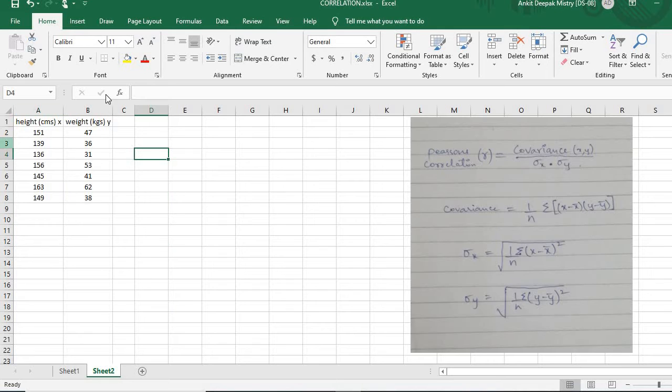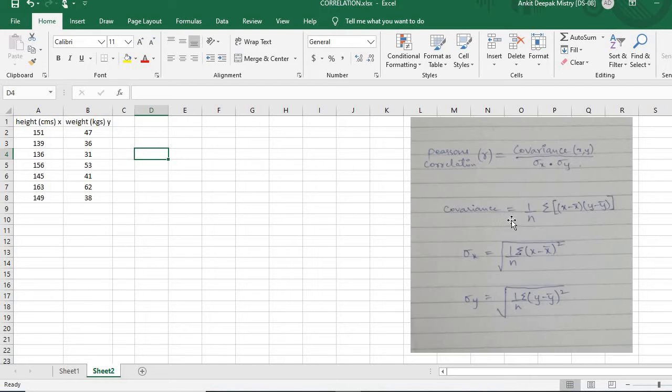When given certain data, this is the formula for calculating the Pearson's correlation. That is, Pearson correlation R is equal to covariance of x and y divided by standard deviation of x multiplied by standard deviation of y. Here x and y are our heights and weights.